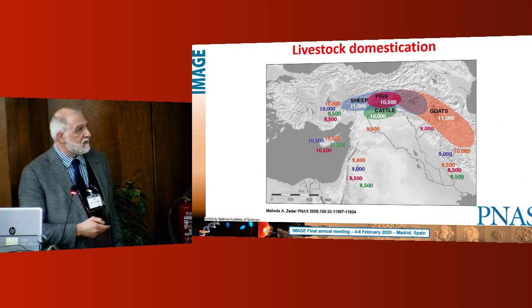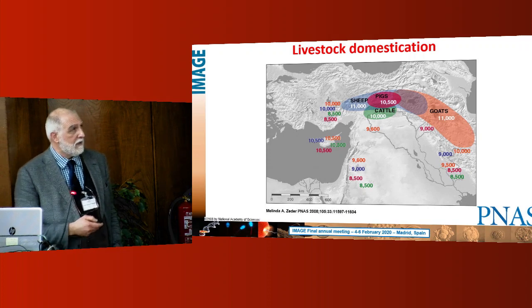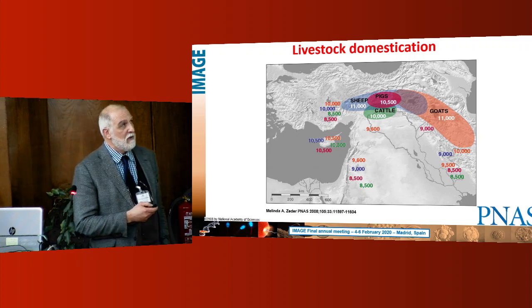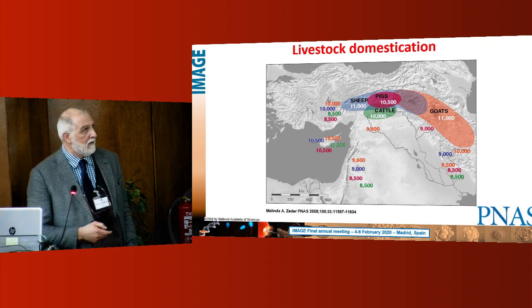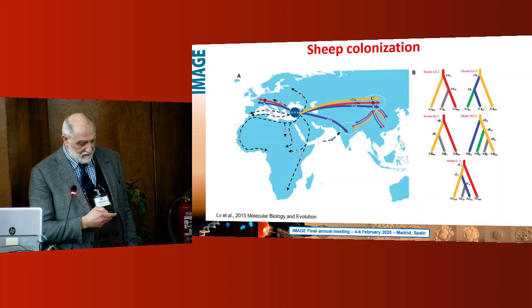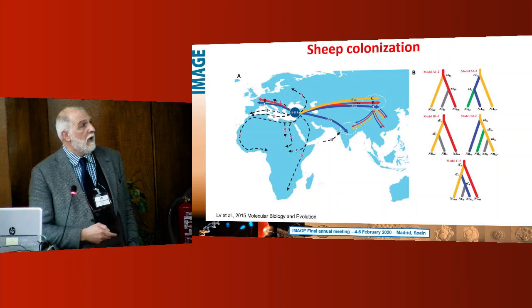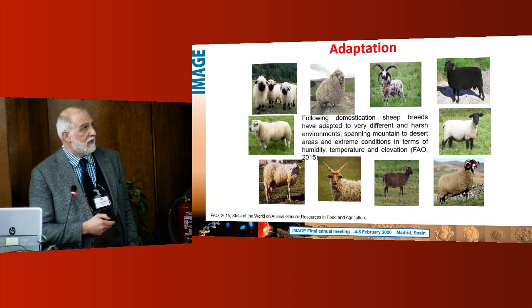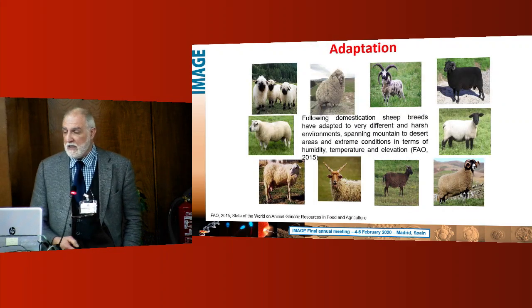The idea started looking at where sheep in particular was domesticated in the Fertile Crescent, and after domestication, it colonized the world, and during this colonization, it adapted to a very wide range of environments.